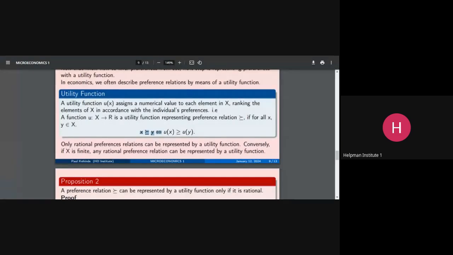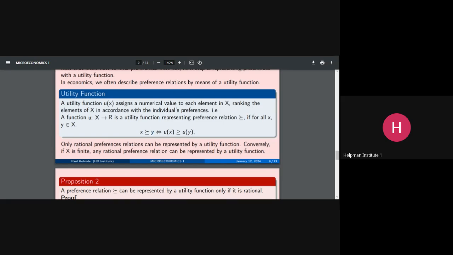So, what does this mean? If we want to define a preference relation, we know that a preference relation is a binary relation that relates only two items, x and y. So you just apply your utility function to x, apply the utility function to y, then you have this.